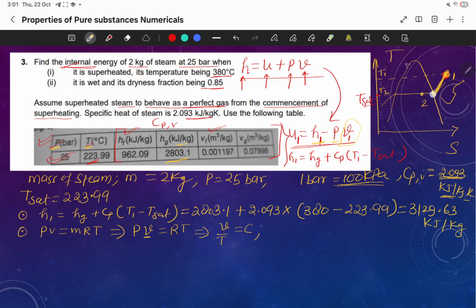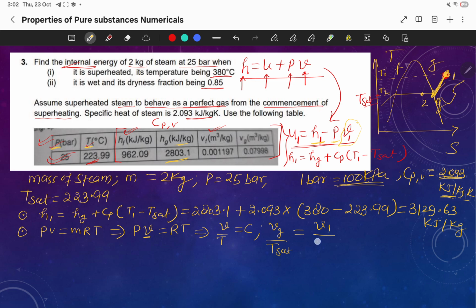Okay, so now let's take this point as G, I am writing this point as G. VG upon T saturation equals V1 upon T1.